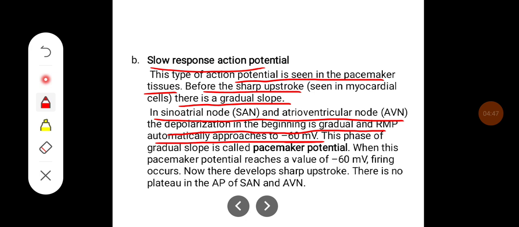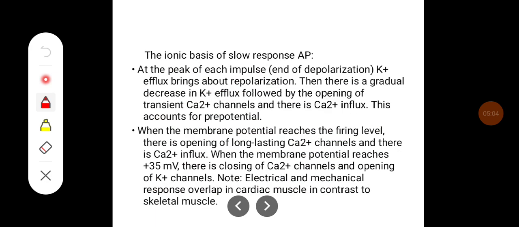This phase of gradual slope is called pacemaker potential. When this pacemaker potential reaches the value of minus 60 millivolts, firing occurs. Now there develops a sharp upstroke and there is no plateau in the action potential of the SA node and AV node.